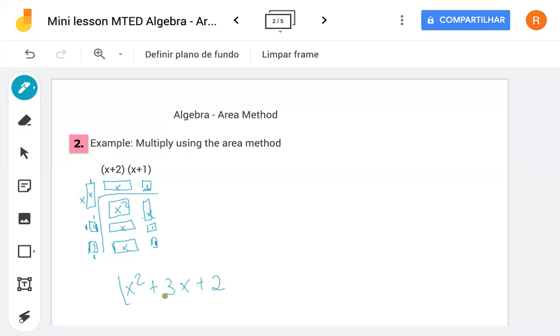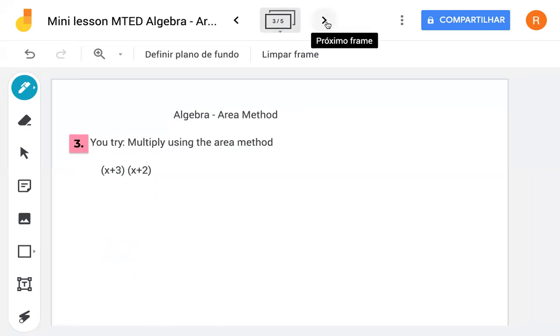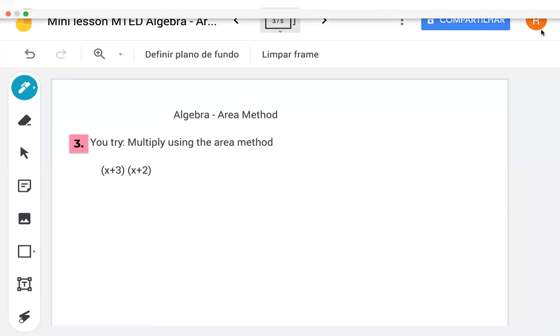So this is the solution for these 2 polynomials, in this case binomials. Okay, let's go ahead. You try here. Please give yourself time to pause the video and try it.